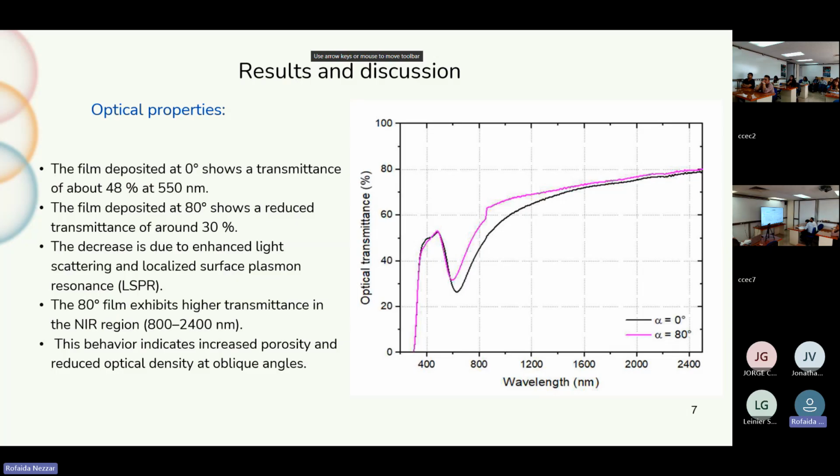The deeper dip for the oblique film indicates a very strong LSPR activity and enhanced scattering because of its porous morphology. And interestingly, in the near-infrared region, above 800 nanometers, the film regains transmittance, which reflects lower optical density and higher porosity.